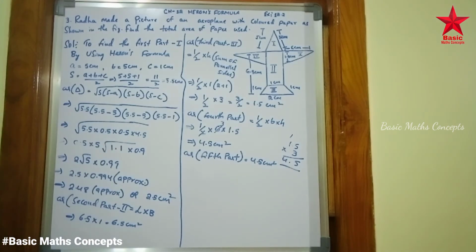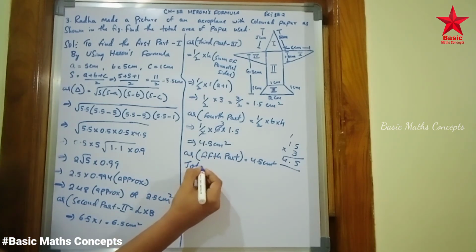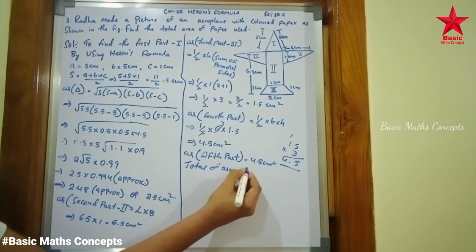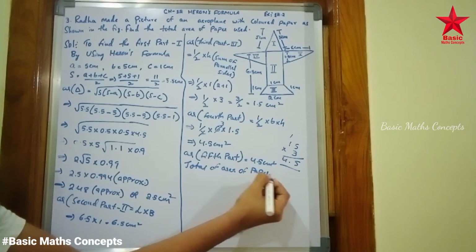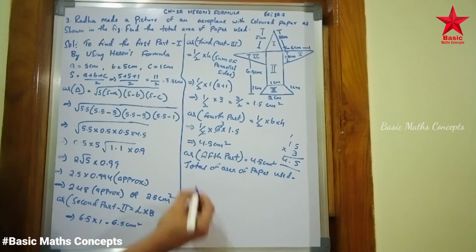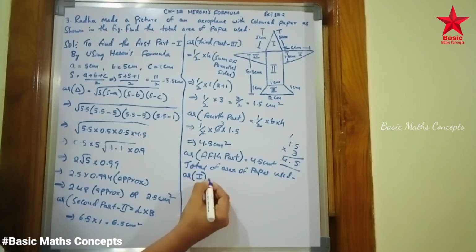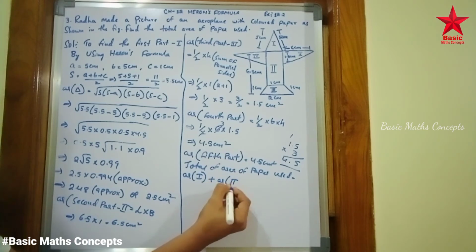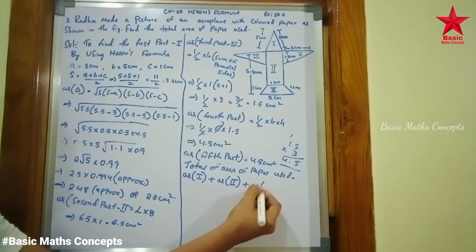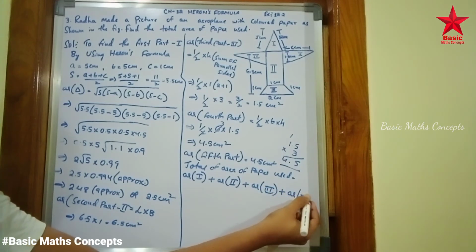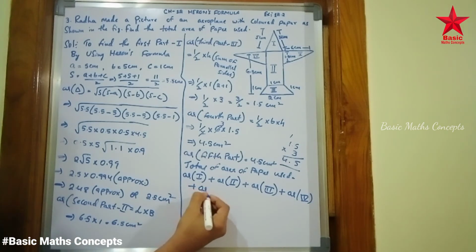Now add all the 5 parts. See in the question, total area of paper used is equal to area of the first one plus area of the second one plus area of the third one plus area of the fourth one plus area of the fifth one.